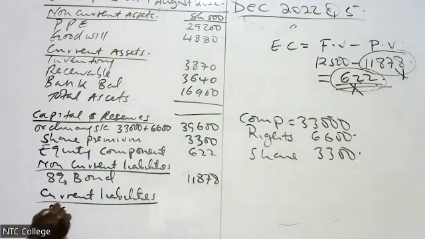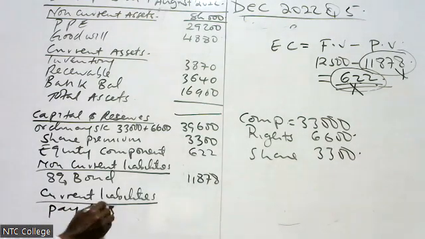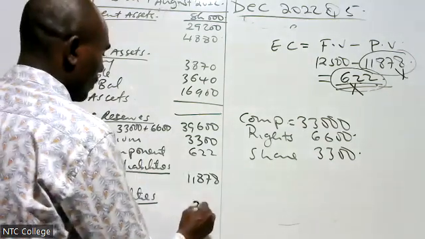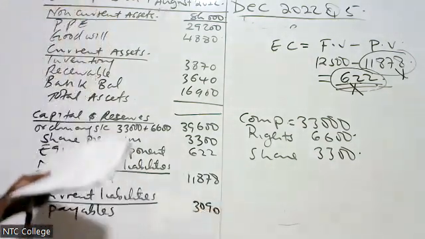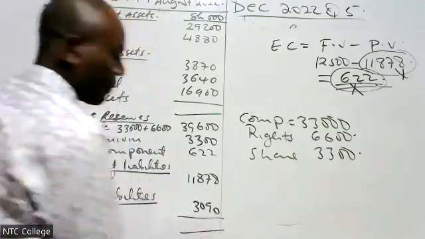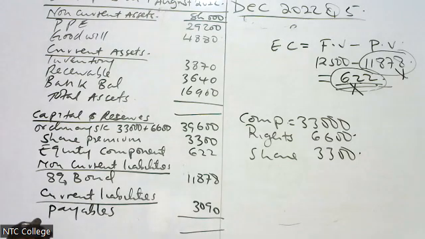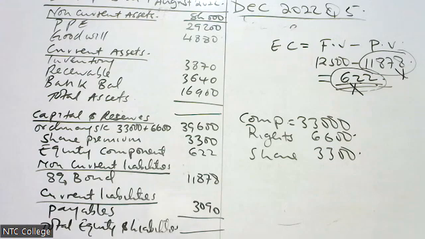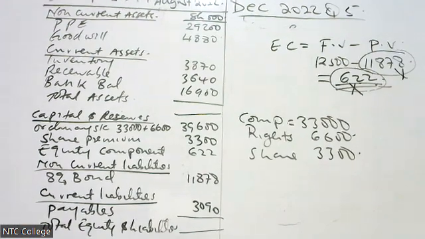Therefore, I say here, payables is 3090. Then I believe we are done. You give me total equity and liabilities. That is what you are required to do to get your marks.